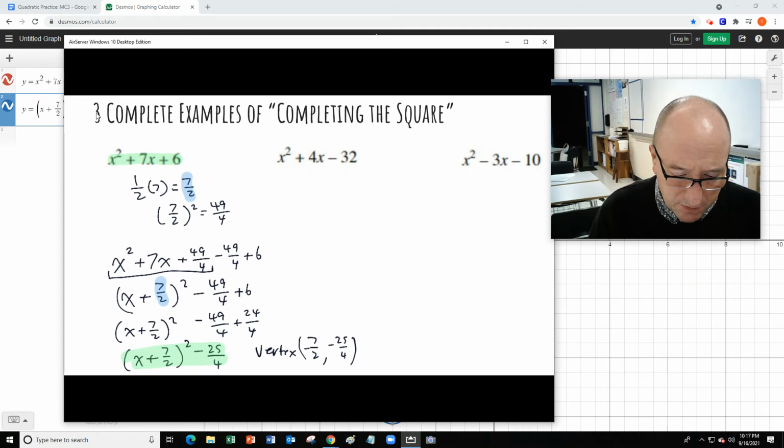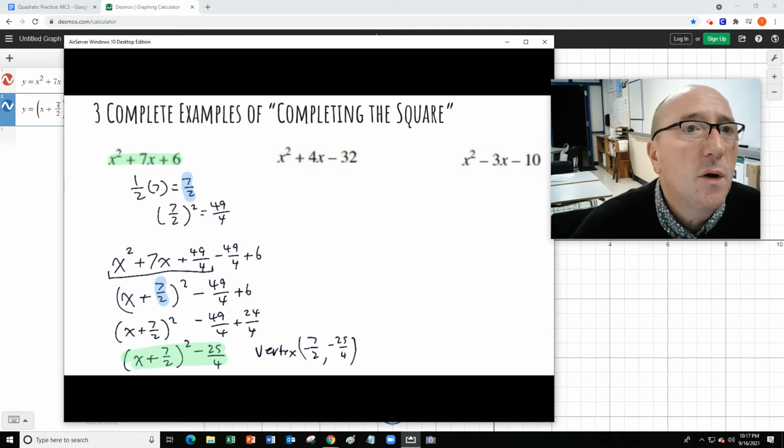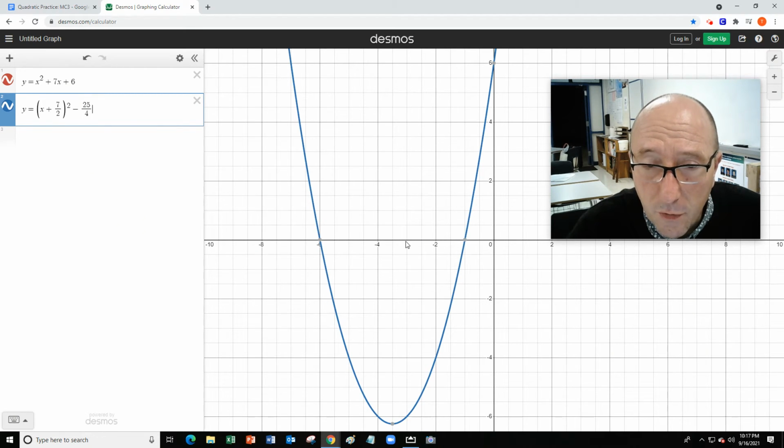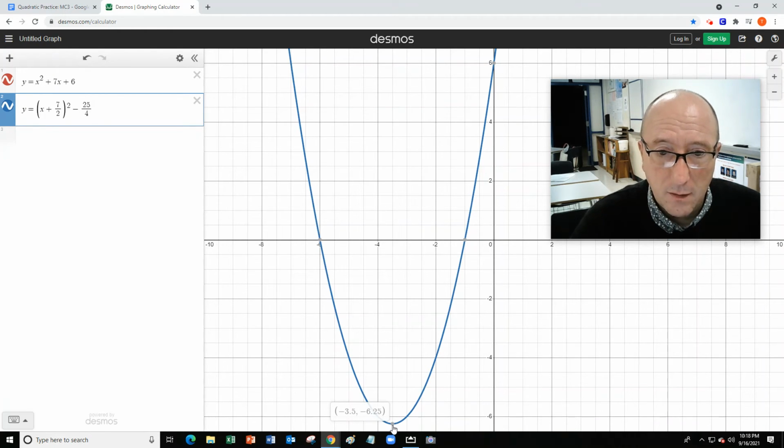And 7 over 2 is, what, 3.5? So if we go back to this graphing calculator, this should be about 3.5. 2, 3, 4, 3.5 is right here. Perfect. And that y value down there, negative 6.25, that's exactly what negative 25 over 4 is.